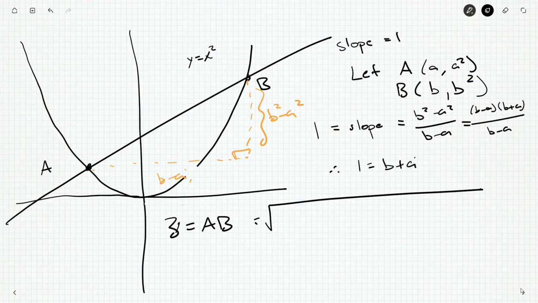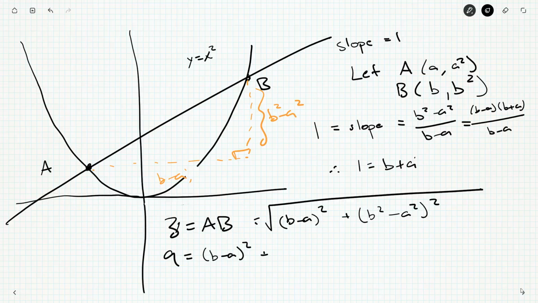And this is the common distance formula, the difference in the x-coordinates squared plus the difference in the y-coordinates squared. Okay? And so that's 3. I'm going to square both sides and say 9 is b minus a squared plus, and I'm also going to factor this. I don't know whether or not this is going to help.